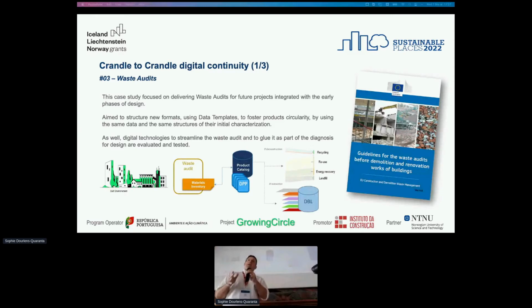So we set out to analyze how it would be feasible to do a waste audit by the book, and it was interesting. We figured out that it would cost more than the design of the refurbishment. So we need to integrate these waste audit guidelines in the process of doing the renovation, in the preliminary phases of the construction project, the renovation construction project.